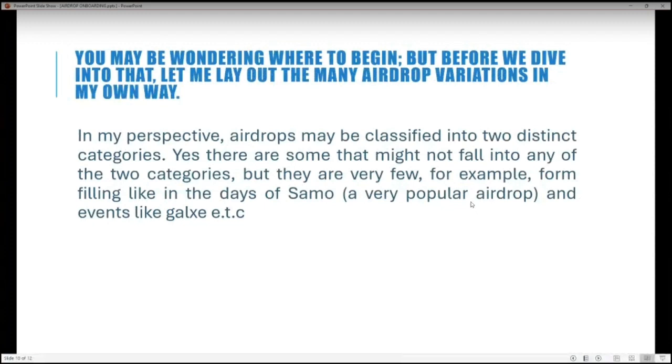For example, there are some airdrops that ask you to fill a form, like in the days of Samo, a very popular airdrop. Some have to do with Telegram bots, but those are not really legit, so I don't participate in them. Almost 99% of those that have to do with Telegram bots are scams. Okay, so let's go on.